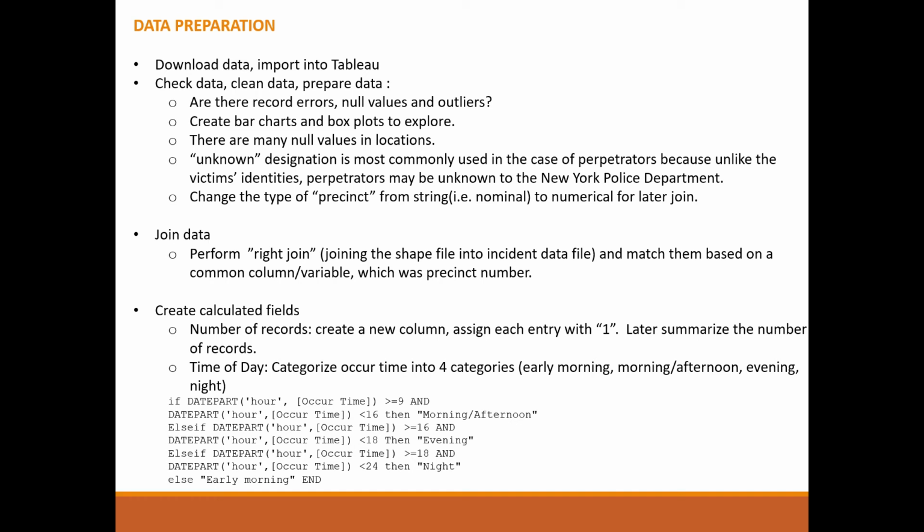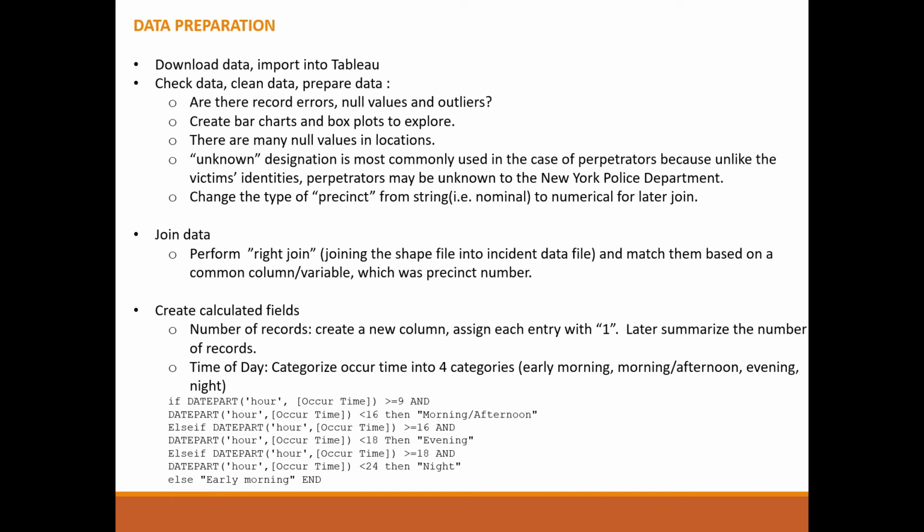There are many unknown values in locations, and unknown perpetrators are very common because, unlike the victims' identities, perpetrators' information may be unknown to the New York Police Department. I also changed the type of precinct from string to numerical for a later join.